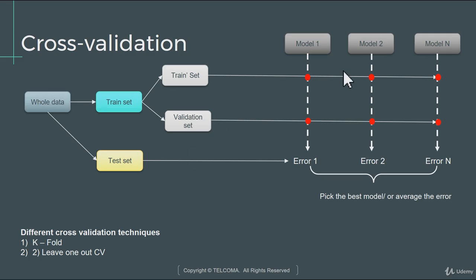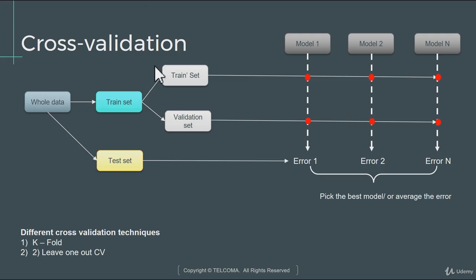Now, in this process, you create several models with some variation between the training and the validation set, and then finally you take the best one and see how it performs on a test data set. Now that's cross-validation in a deeper and more extensible way.